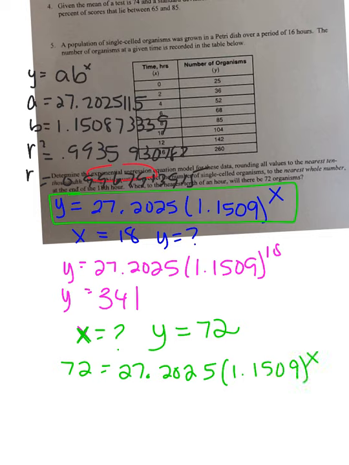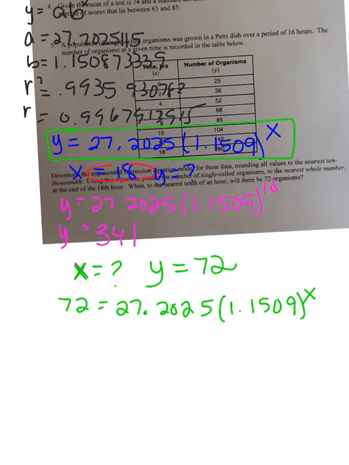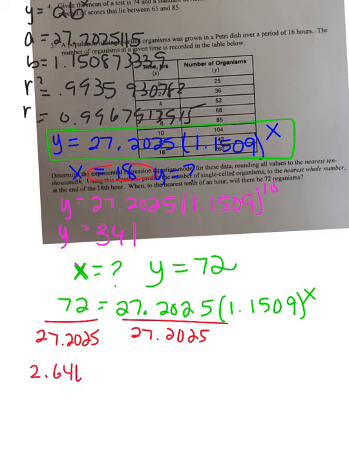So this is solving exponential. You guys should be pros at this. We're going to divide by 27.2025. Type in your calculator, 72 divided by 27.2025. You get 2.64681555 equals 1.1509 to the x power.